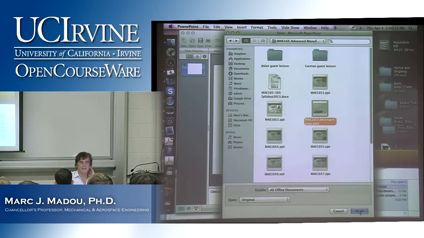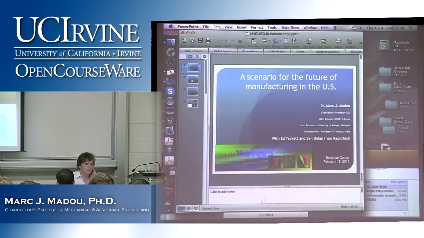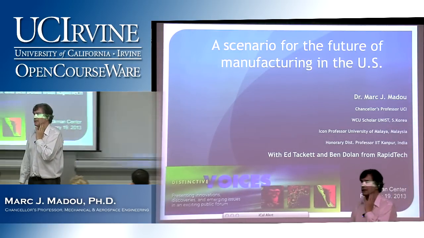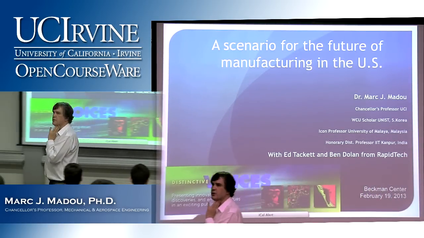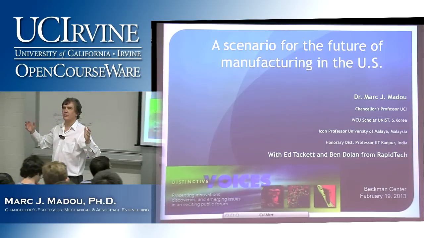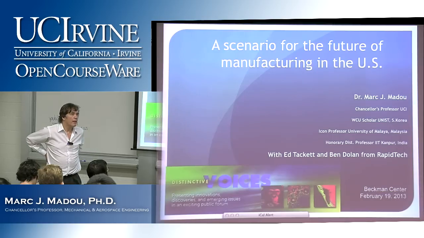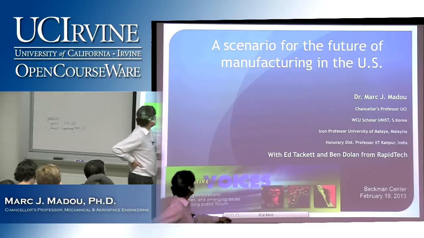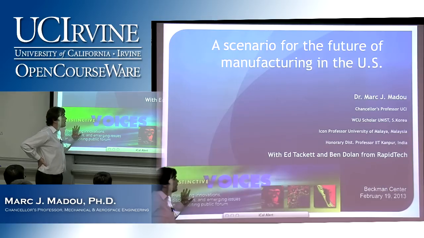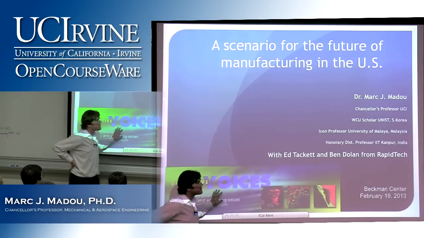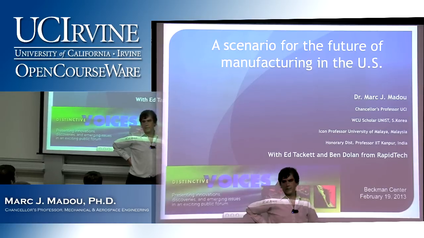So I hope I don't have that same problem from before. So this class is different. You could almost call it an intermezzo because I gave you a bit of technical information so far, mostly about mechanical machining. Now, very recently, I was invited to give a talk for a series from the National Academy of Science called Distinctive Voices at the Beckman Center.